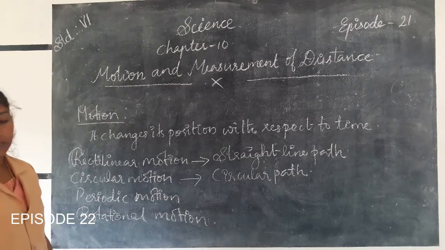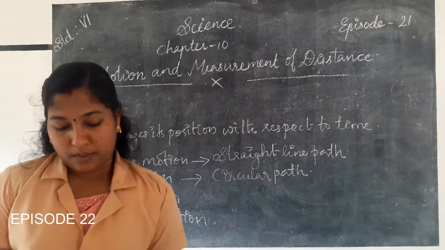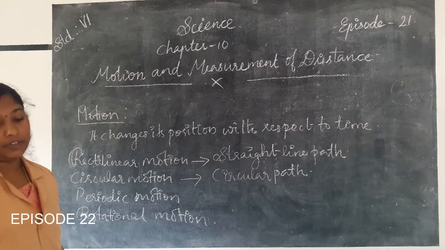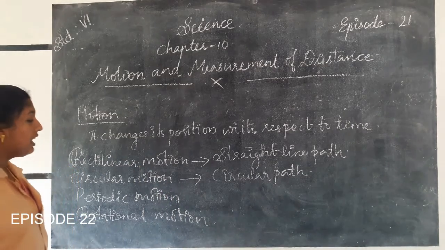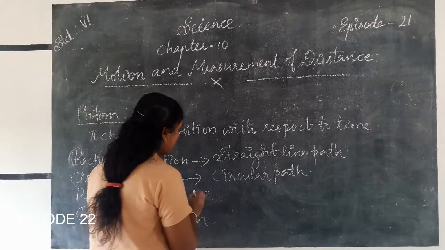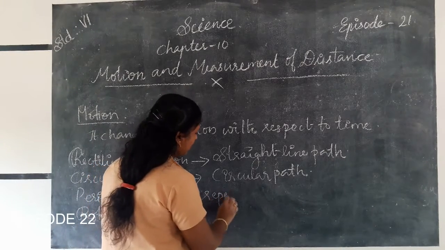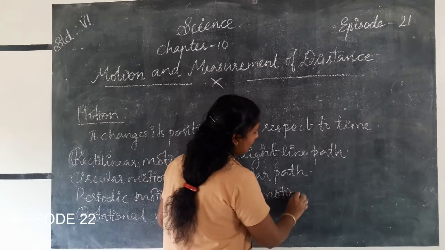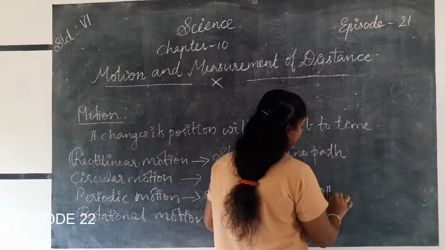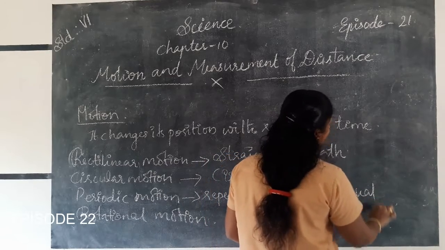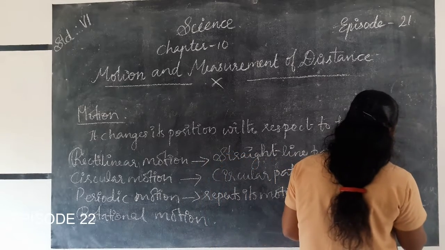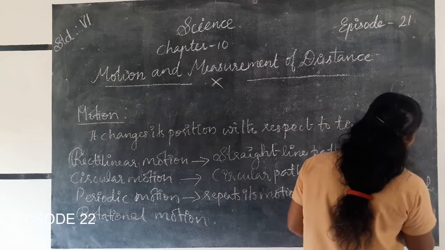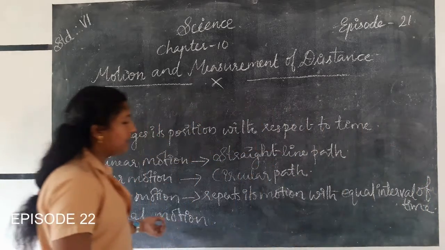Then periodic motion. Periodic motion means motion in which an object repeats its motion with equal interval of time.